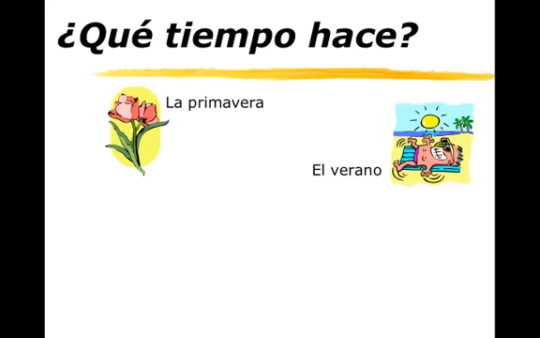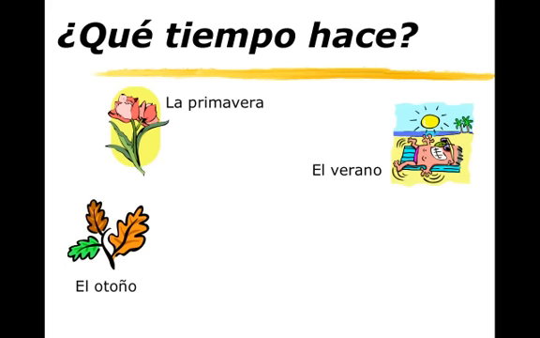¿Qué tiempo hace en el verano? En el verano hace mucho calor. Hay mucho sol también. En el verano no hay escuela. El verano es durante los meses de junio, julio y agosto. En el otoño hace fresco.